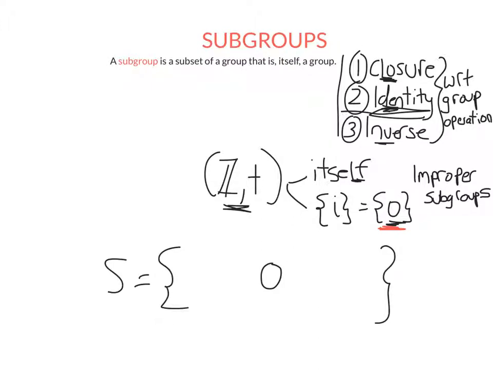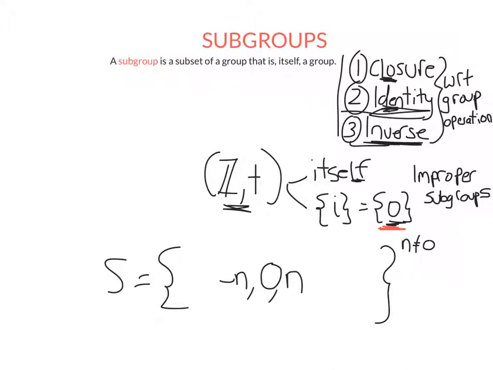But I want it to be a proper subgroup, so I need it to have an element different from 0. So let's call that n. So n is not equal to 0. Now, if n is in my subgroup, because each element's inverse needs to be in this set, that means negative n will also be in this subgroup.